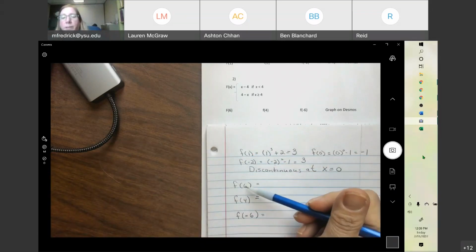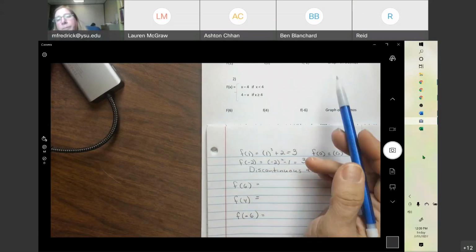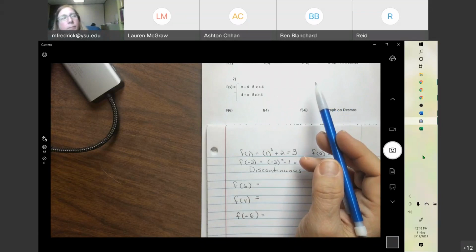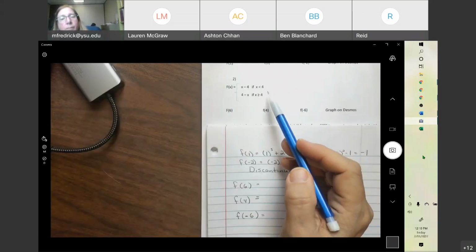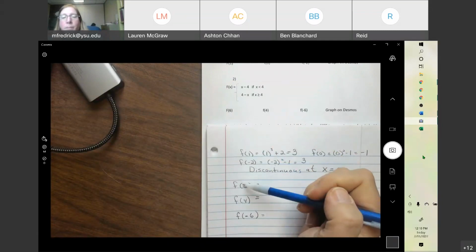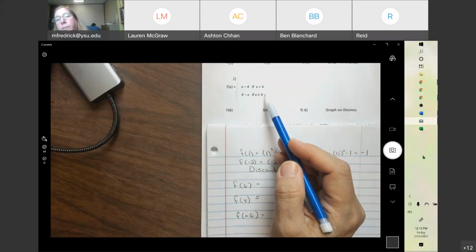For the first one, the 6, using the top or the bottom? Anyone? You can type it in the chat. X is 6, and 6 is greater than or equal to 4.